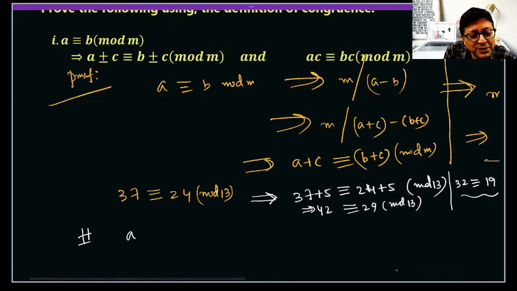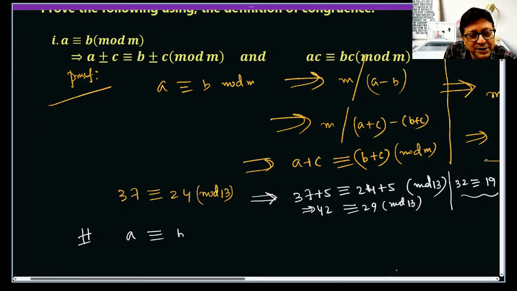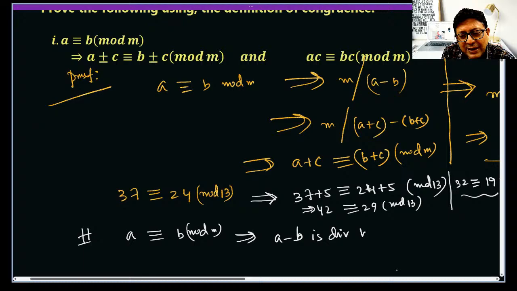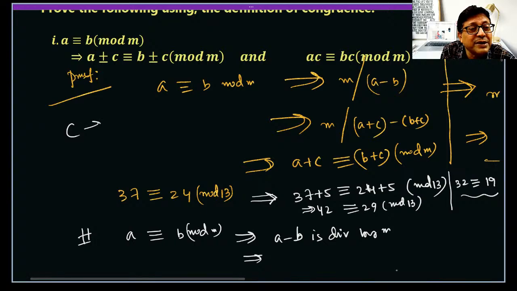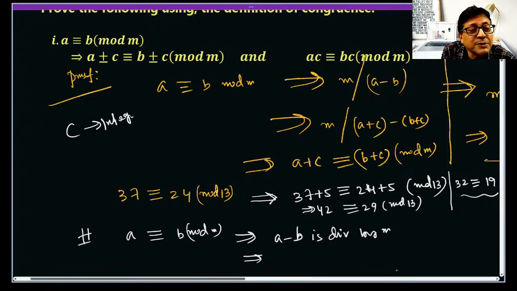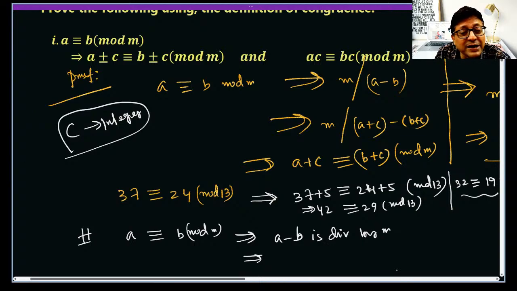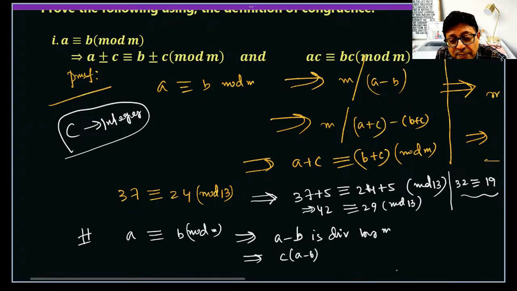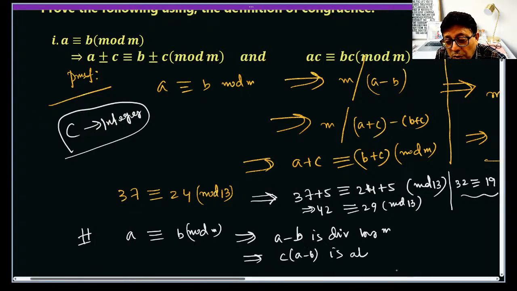We are going to prove: A congruent with B mod M, so this implies A minus B is divisible by M. Now take any integer C. C stands for integer. You cannot suddenly add a fraction on two sides. So don't you think that C into (A minus B) is also divisible by M? Am I correct?